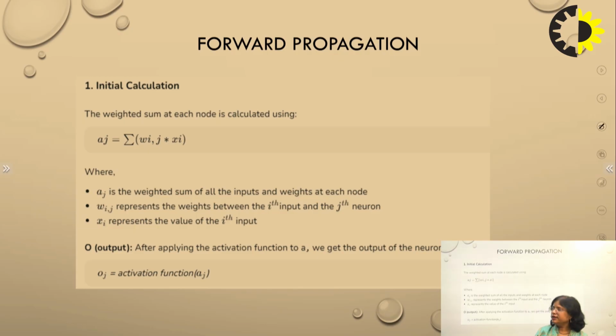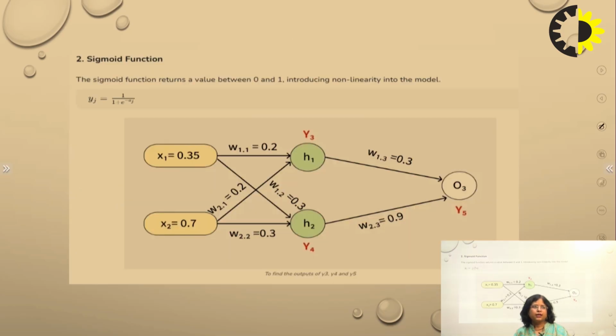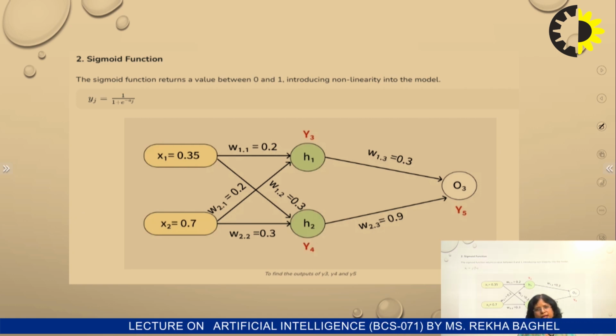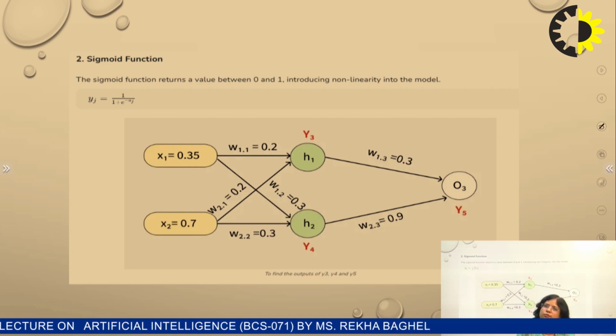So Aj is the final weighted sum, and Oj is the output after applying the activation function to get the output of the neuron, so Oj equals the activation function of Aj. Now we apply the sigmoid function. The sigmoid function returns a value between 0 and 1. These activation functions are used to apply non-linearity in the model.